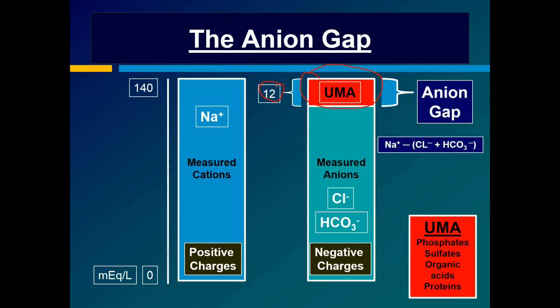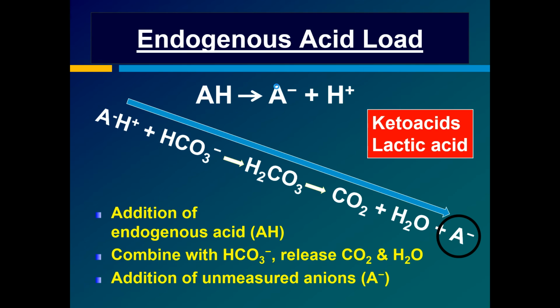Now, let's just say that your patient has developed a condition, whether it's lactic acidosis or diabetic ketoacidosis, or maybe perhaps it's alcoholic ketoacidosis or uremia, lots of conditions that can ultimately lead to an increased acid load.